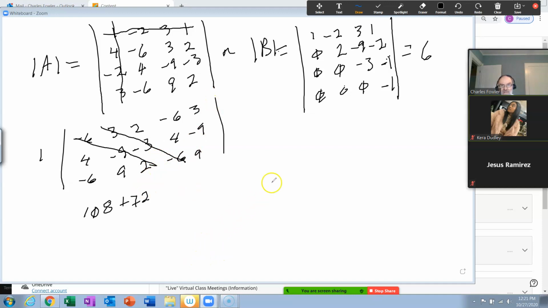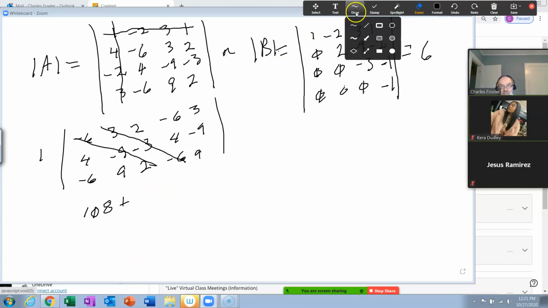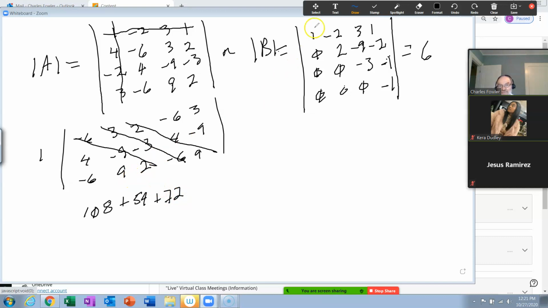I don't know where my brain is today. 9 times 6 is 54, positive, by the way. And then the next main diagonal is going to be a 36 times 2 is a 72. That's your down diagonals.